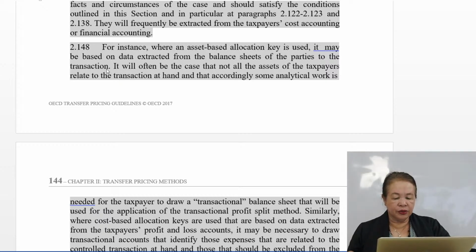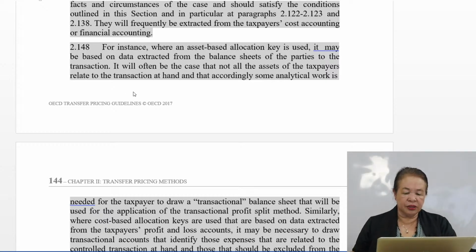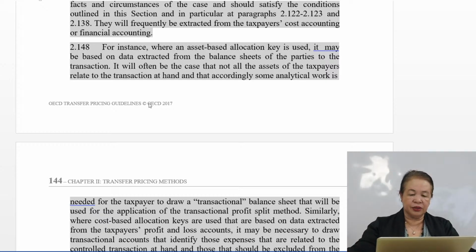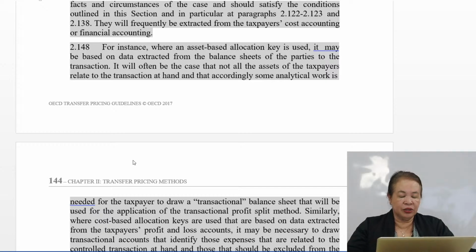So similarly, where cost-based allocation K are used that are based on data extracted from the taxpayer's profit and loss accounts, it may be necessary to draw transactional accounts that identify those expenses that are related to the controlled transaction at hand and those that should be excluded from the determination of the allocation K. So mag-classify ka ngayon ng account.